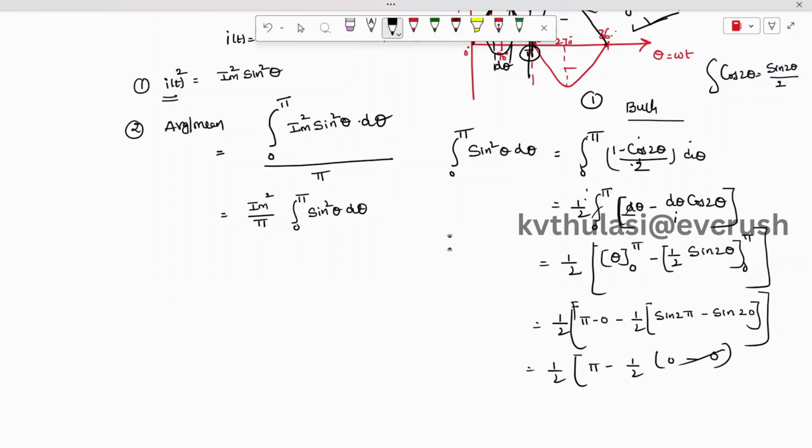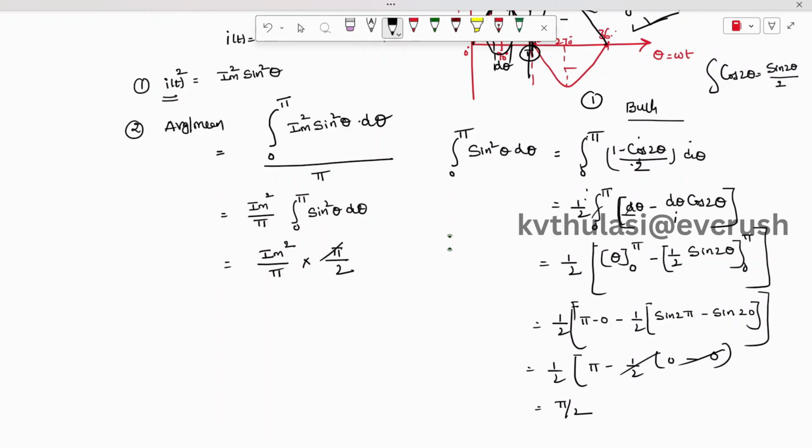Sin 0 is 0, 0 into 2 is 0, and the resultant answer is pi by 2. So the integral of sine square theta is pi by 2, and we are going to get I m square by pi into pi by 2.